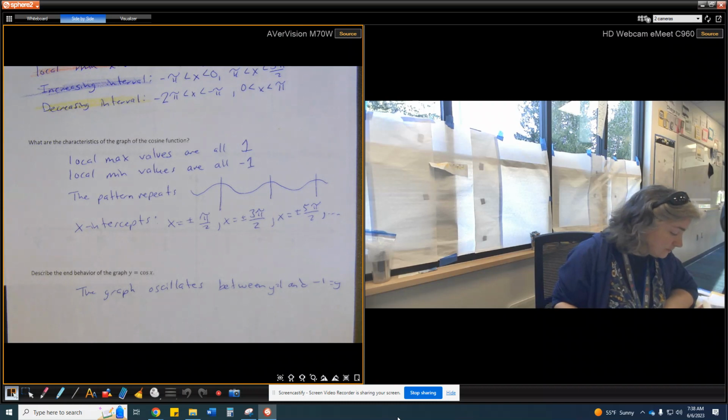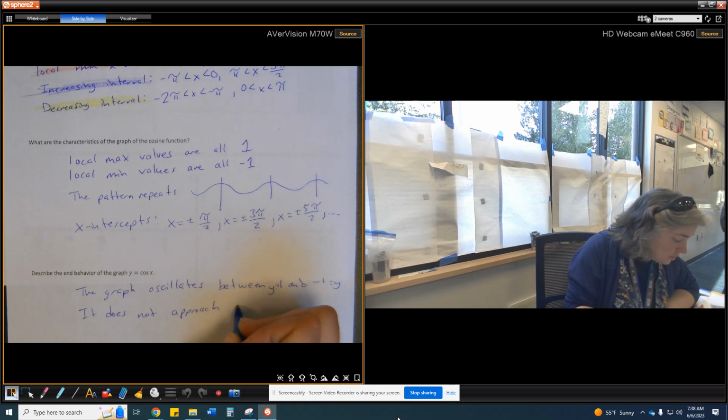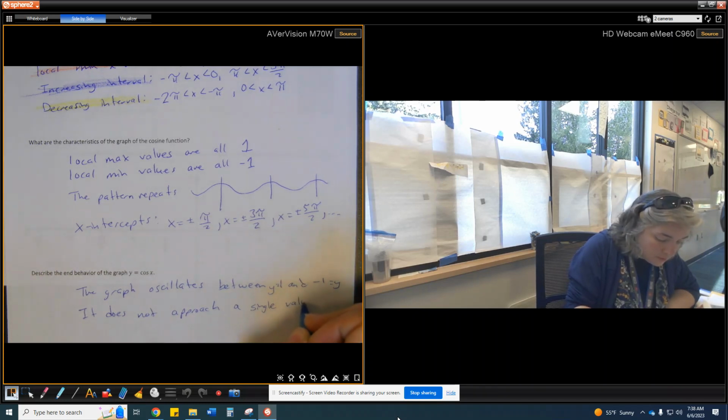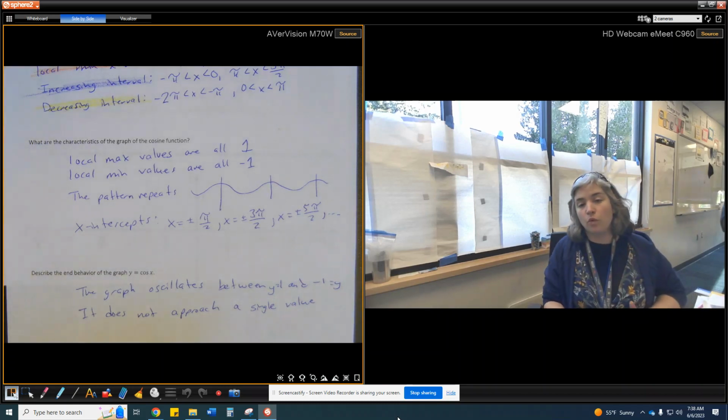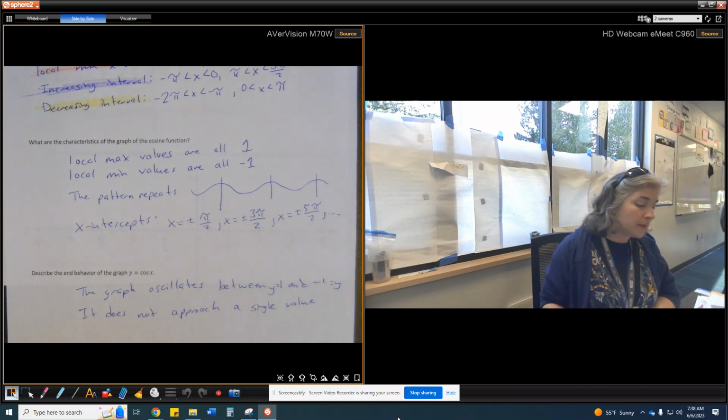That's what it does. It does not approach a single value. And again, this is so cool because it represents things like boats and other things like that. So it's just really neat.